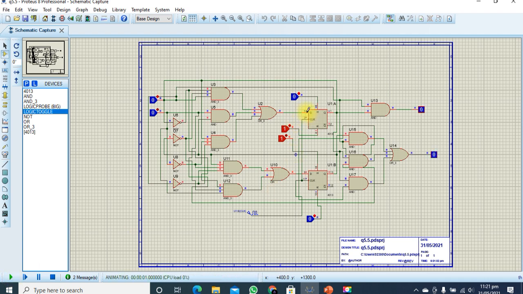As you can see, our next state would be 00, because blue represents 0 and 0. The value of A is also 0 and the value of B is also 0.